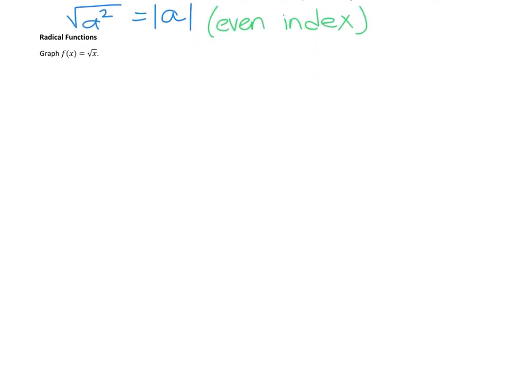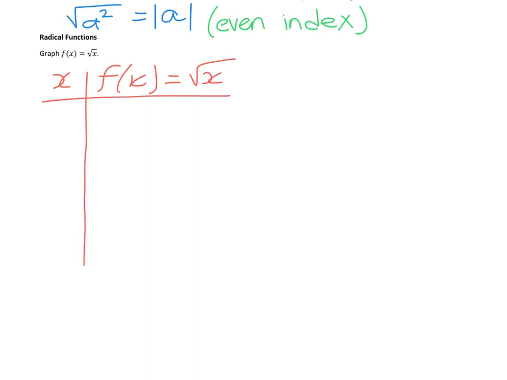Okay, so we're working with radical functions. And so we're going to do a really basic graph of our radical function. So we're going to take x and we're going to plug it into the square root of x. So would it make sense to plug in negative 4, for instance? Can we take the square root of negative 4?